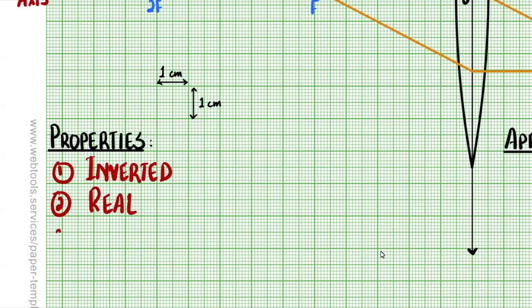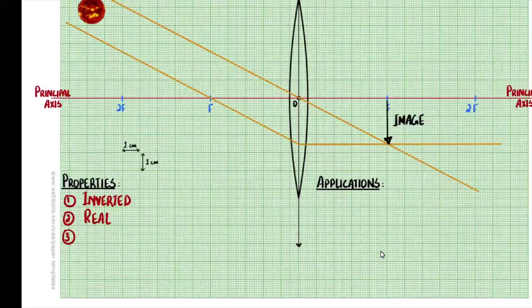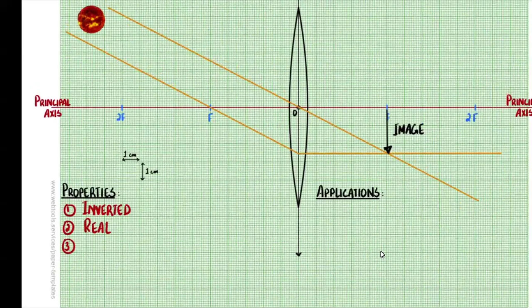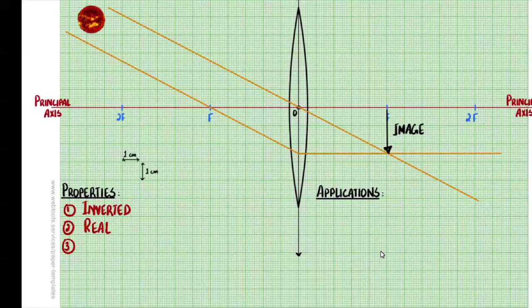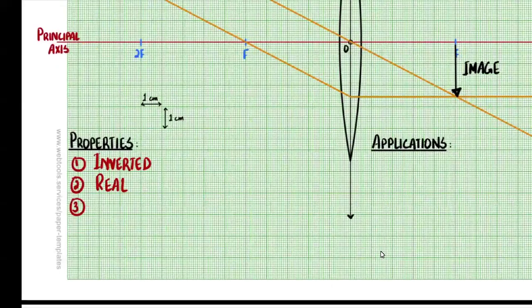Third, this is something you will also have to discuss each and every time. Is this image larger than, smaller than, or the same size as the object? Obviously, if we are capturing this on a screen, on some piece of paper, this is really a fraction of the original object. So I would say this is a diminished image.